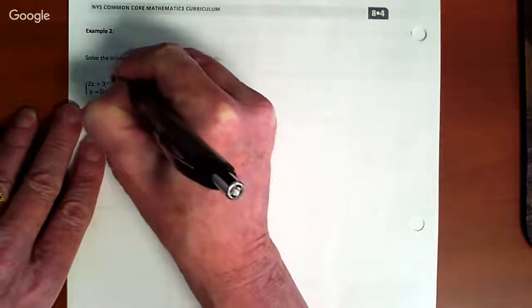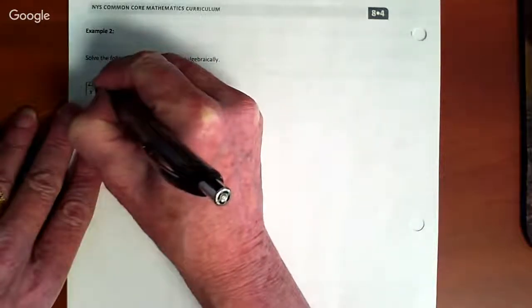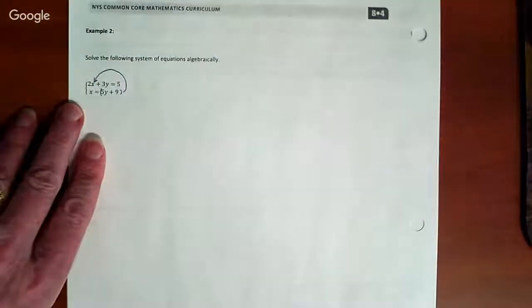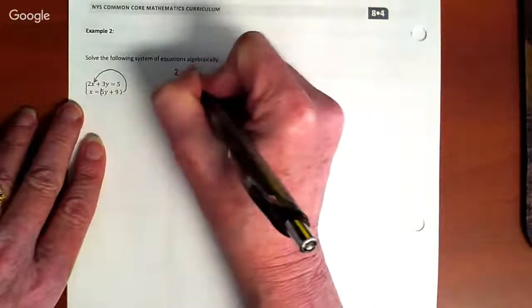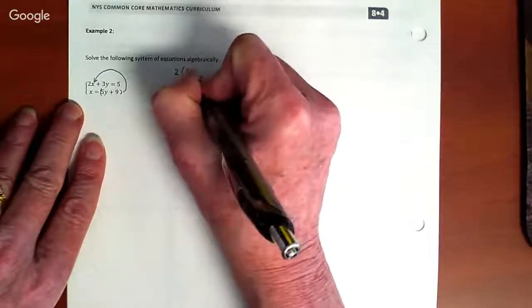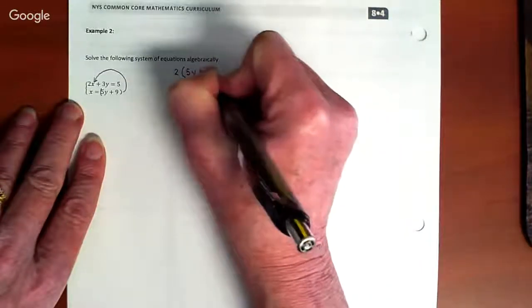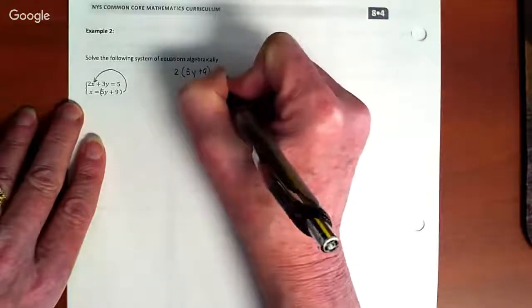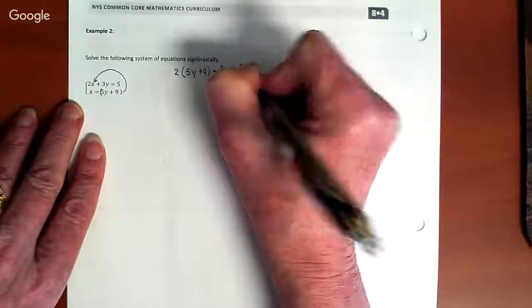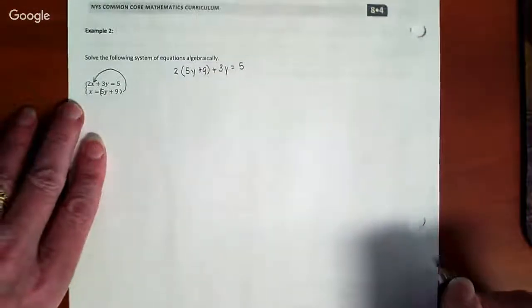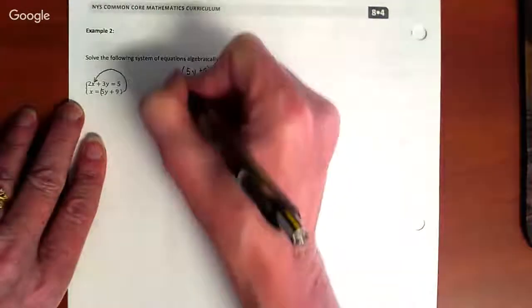So what I'm going to do is substitute for x. So I have 2 times (5y plus 9) plus 3y equals 5. The first thing I have to do is the distributive property.